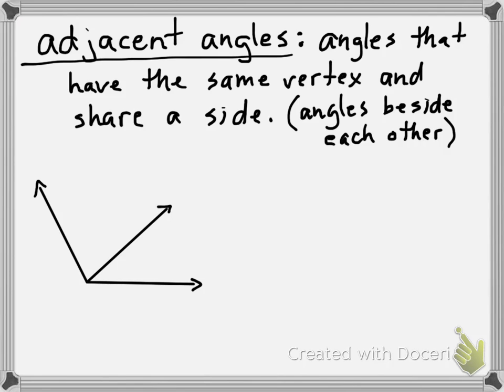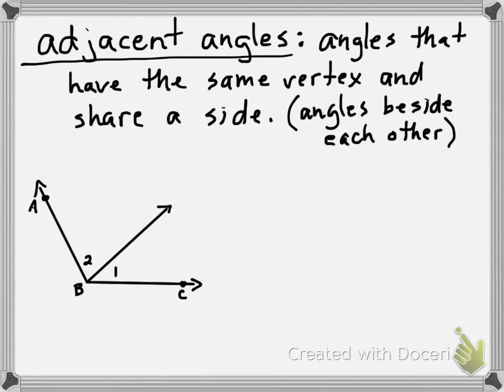Alright, so see, I have a vertex. Both of these angles share the same vertex point, and then both of them share this side, because this side is part of this angle and this side is part of this angle. Therefore, these two angles are adjacent.